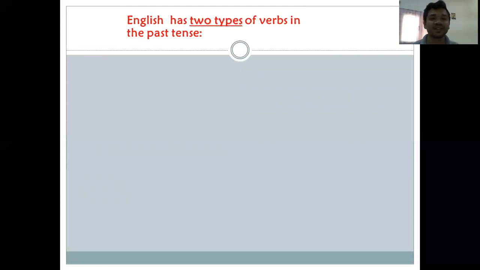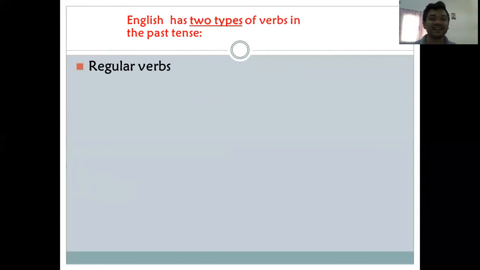Now, this time, English has two types of verbs in past tense. So, based on your previous knowledge, what are the two types of verbs in English when it comes to past tense? Do you have any idea? Can you think of an answer? Fantastic.